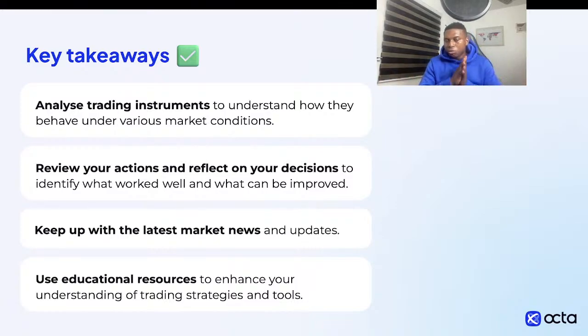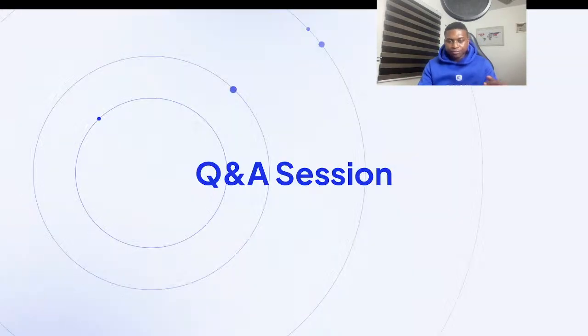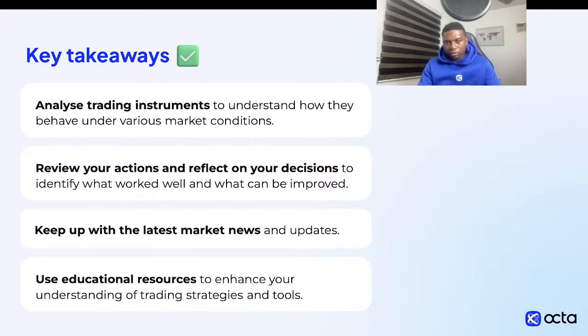Number 1, we've analyzed the trading instruments so that we can understand how the market behaves. We've reviewed actions in the market. We reflected on our decision. Keep up with the latest market news. Use educational resources to enhance your knowledge, like the ones on the Octa platform. And that's it. Alright?